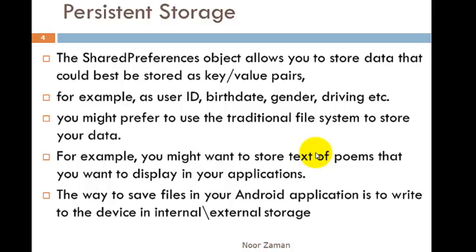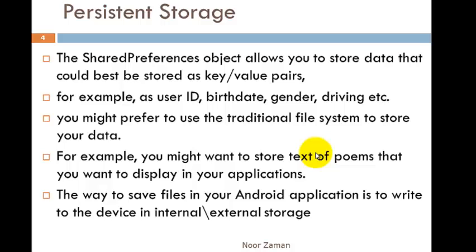For example, a user ID, birth date, gender, or driving license, each having a similar value. But if we want to save data that is larger in size, for example a poem or a paragraph, we can't use the shared preferences method.